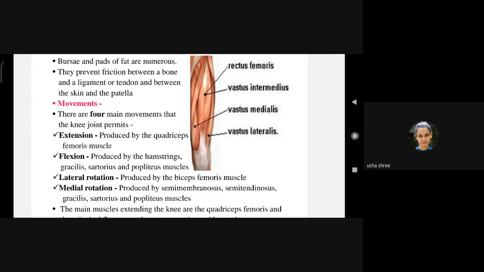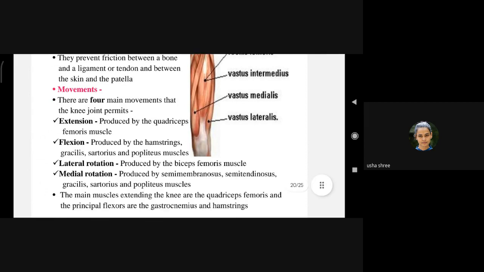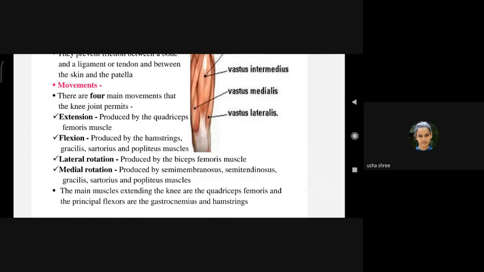So the extension is produced by quadriceps muscles. When we do yoga, we can feel our muscle movement. When we extend our leg, we can feel that our frontal upper thigh muscles, the quadriceps muscles, are contracting. So extension is produced by the quadriceps femoris muscle.